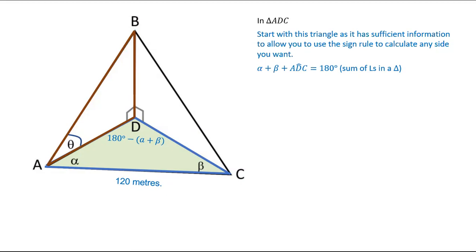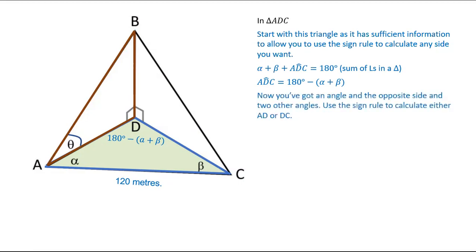And if I solve for angle ADC, I will end up having angle ADC being equal to 180 minus the sum of alpha and beta. Now that I have that, you will notice that you've got an angle and the opposite side and two other angles. So I can simply use the sine rule to calculate either AD or DC.